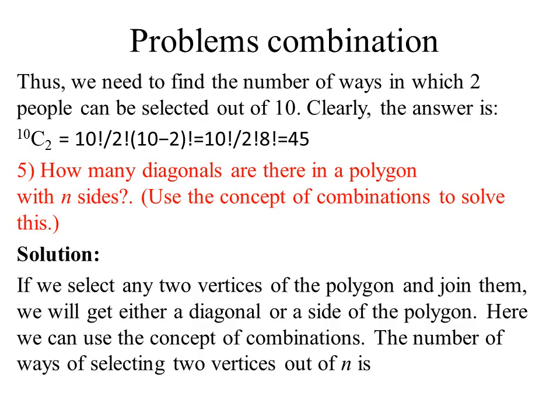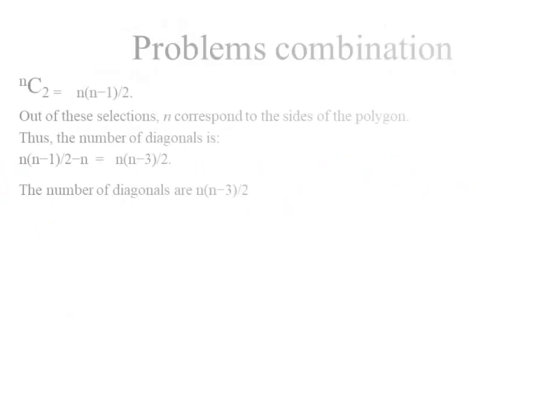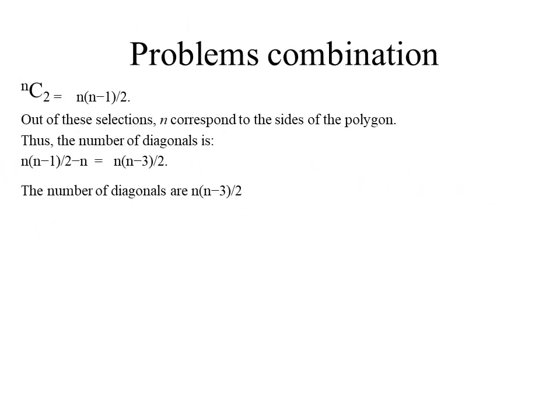Here we can use the concept of combinations. The number of ways of selecting two vertices out of n is nC2, that is equal to n into (n minus 1) by 2.